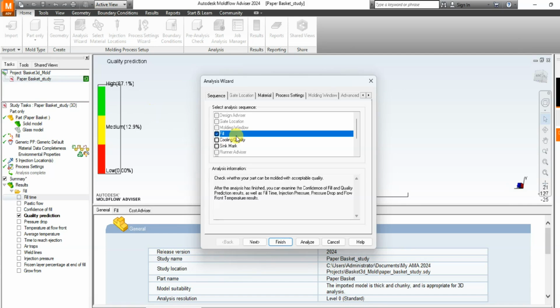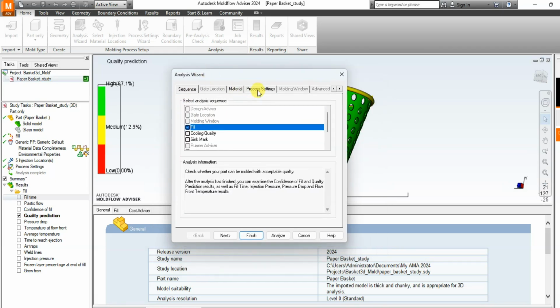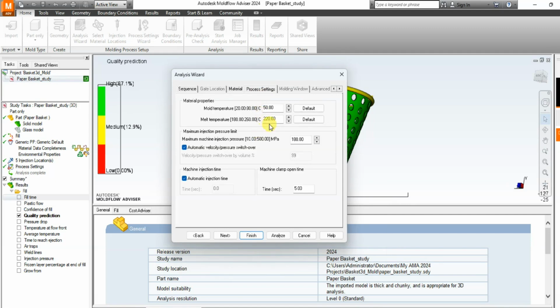In this analysis wizard, you can simply go to the process settings and tweak some of the values, like the mold temperature and of course the melt temperature. In the next feature which we'll be looking at, the pressure drop, you'll see how these things are related to the quality result prediction.